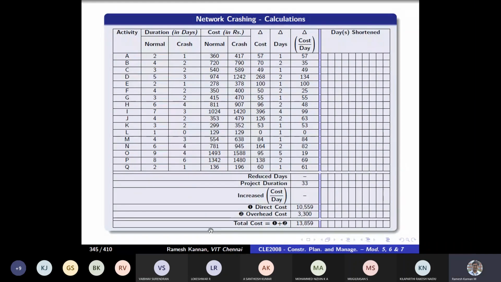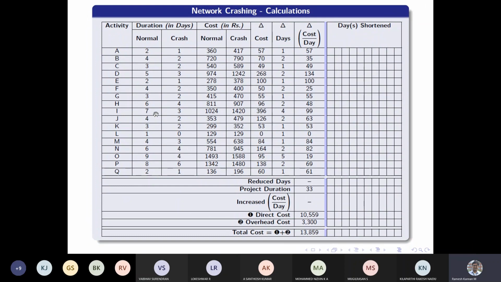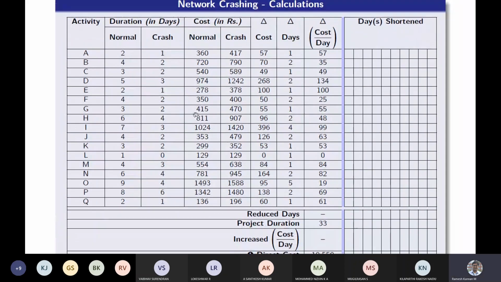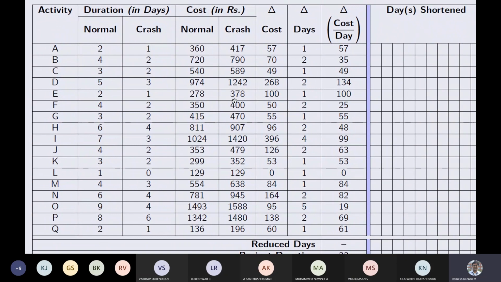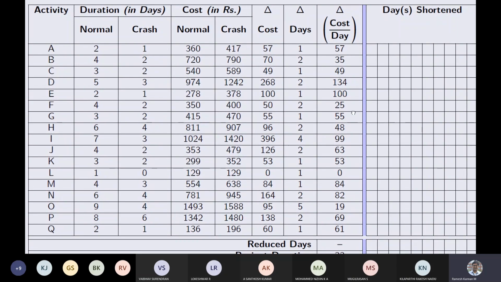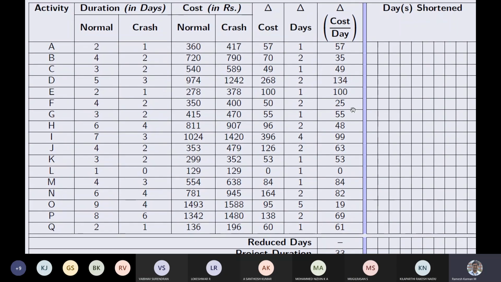So this is the table. Generally this table will be very useful for determining the least cost scheduling methodology. If you have done operations research, people used to do it in the network diagram itself, but that would be very difficult to interpret and clumsy. So this table will be very useful when you do it in an examination. It will be very handy.